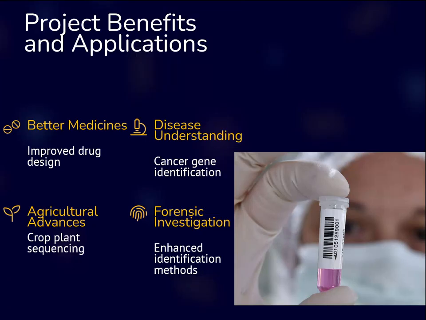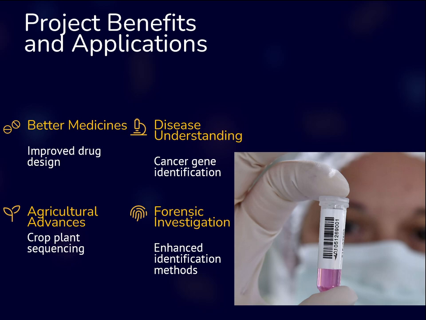The completion of the Human Genome Project has led to several significant benefits. Of them, better medicines. Understanding the genetic basis of diseases has facilitated the development of targeted therapies and personalized medicine. Next, disease understanding. Identifying genes associated with diseases like cancer has improved diagnostic and treatment strategies.